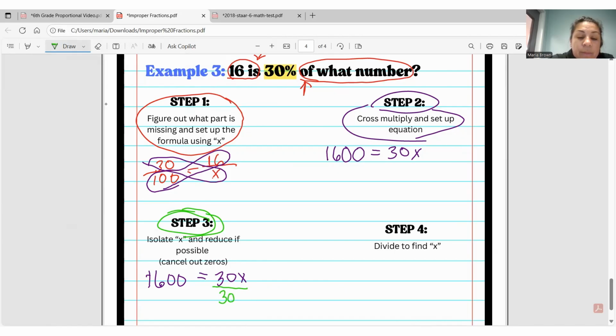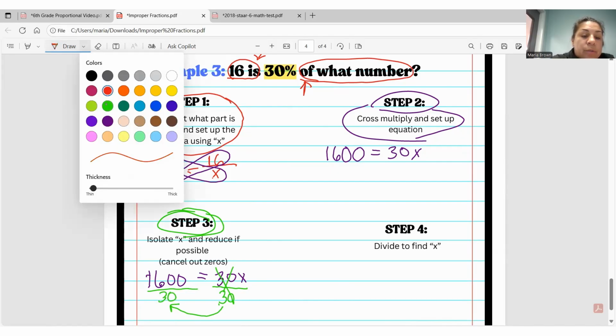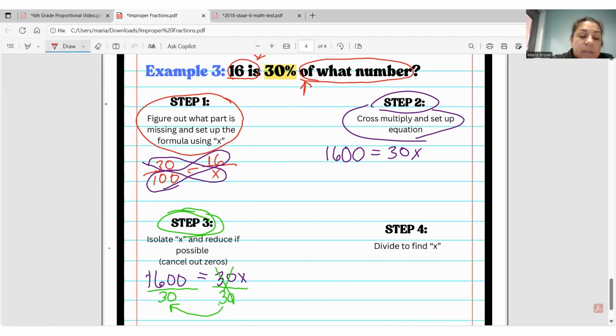Remember, 30 divided by 30 is just 1, so it cancels out, and I'm going to bring it over here. So I have 30, and then I'm going to reduce because tens can go into both of these numbers. So I'm just going to get rid of those 2 zeros on top of each other. And so now I have 160 over 3 equals x by itself.